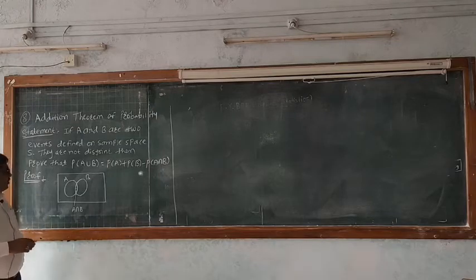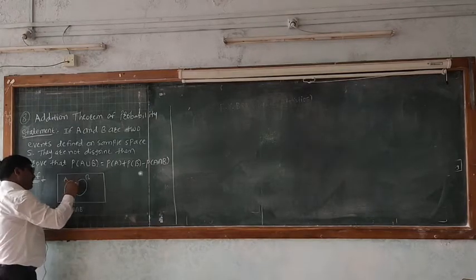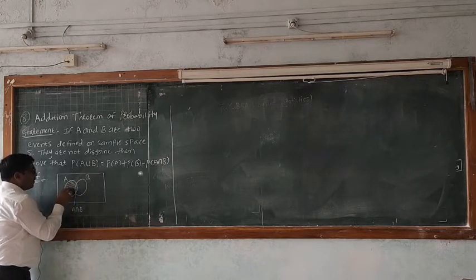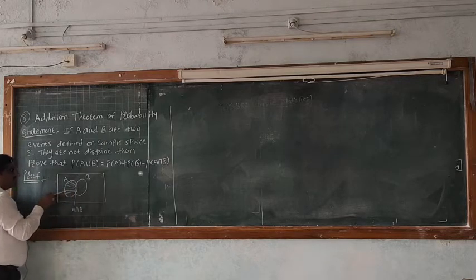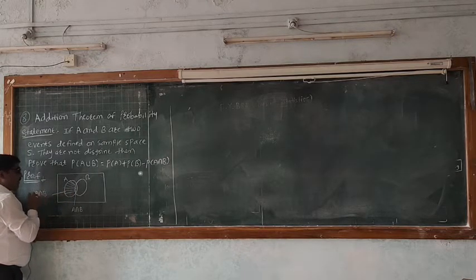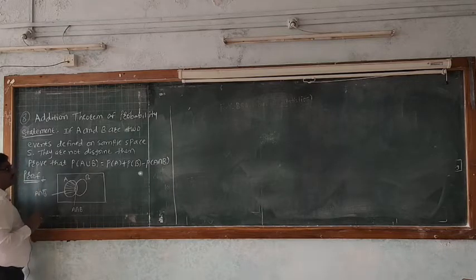Now, what is this region called? This is A intersection B bar.